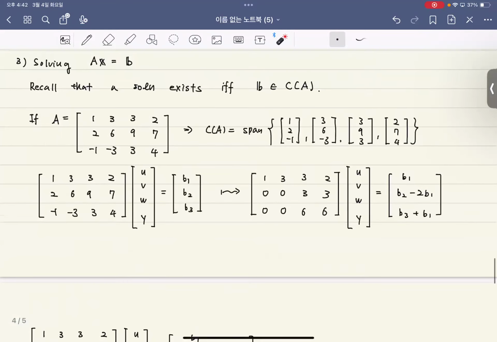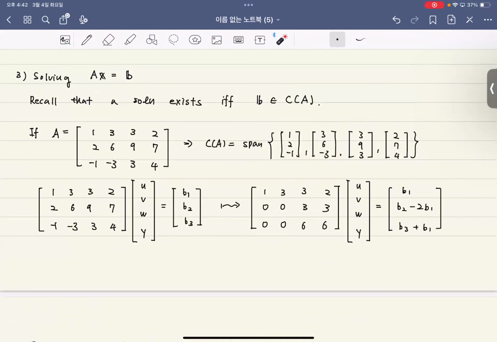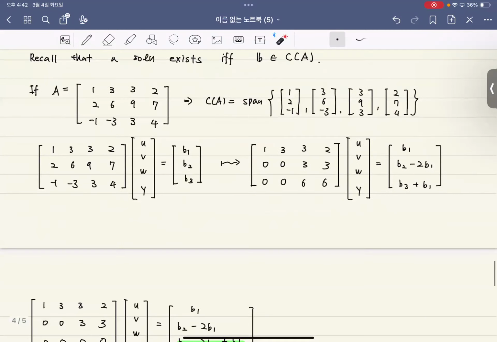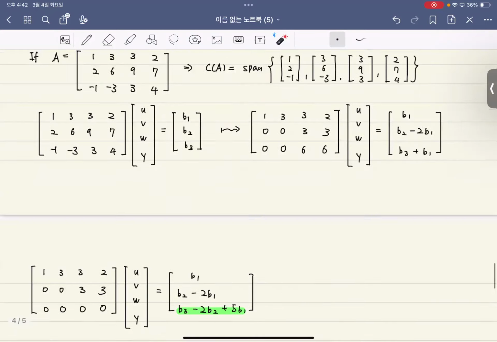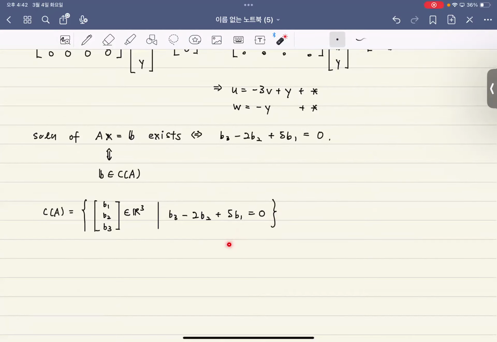Why? Because these two are both mathematically correct descriptions, but if I persist in maintaining this description, then I can never tell if any given vector B is a member of the space. But this time around, if I have this description of the column space, all I need to do is check if this condition is met or not. And if this equality is true, then I can automatically see that the vector is indeed a member of the column space.